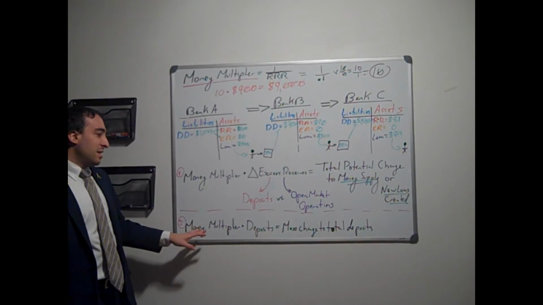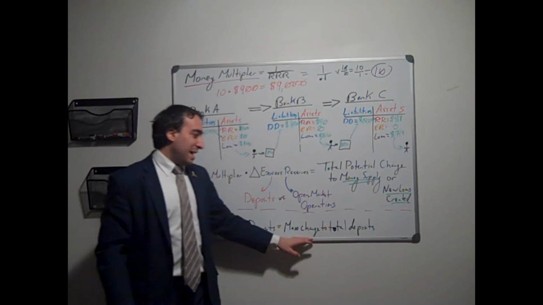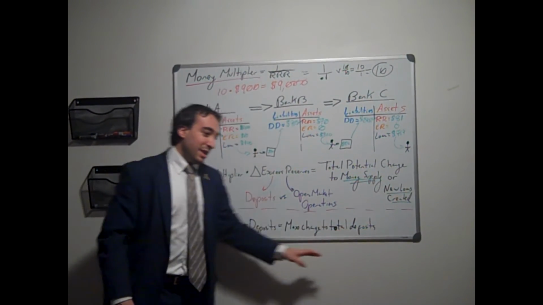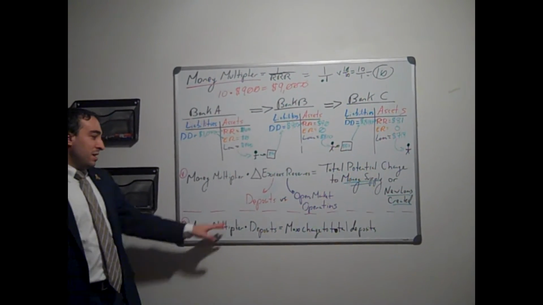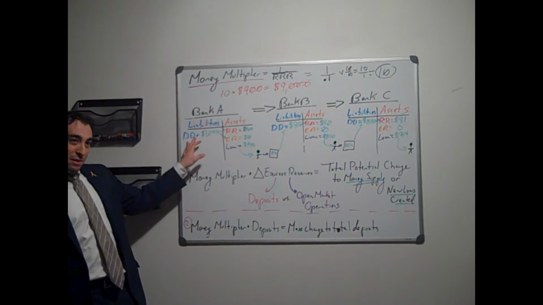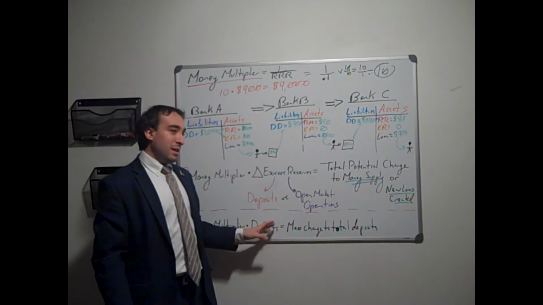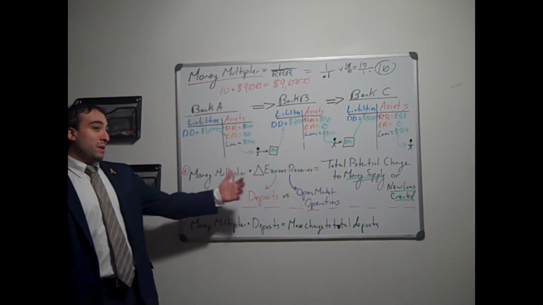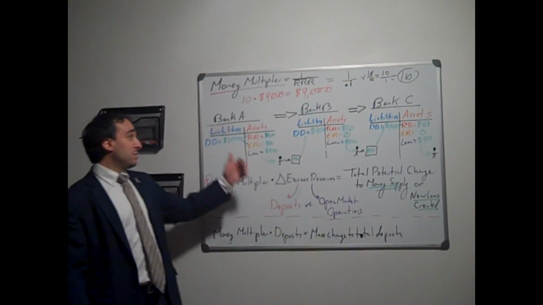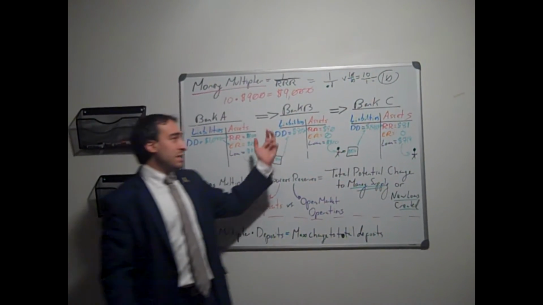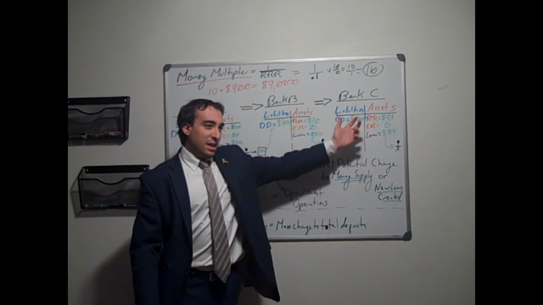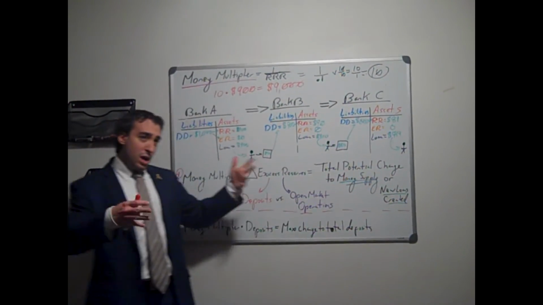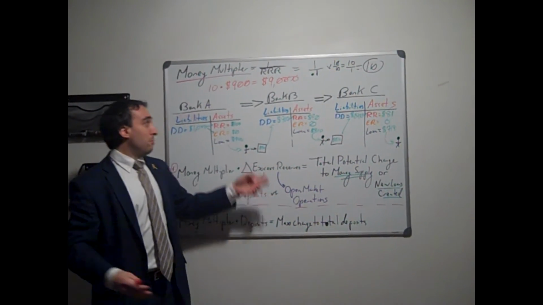Or the question might ask, what could the max change to total deposits be? In this case, you take the money multiplier times the actual deposit itself. Because this would be different, you would take the total deposit itself, because the total deposit would be a larger number because it includes the original deposit, and the money is being deposited and not just loans. So it includes more of the whole balance sheet.